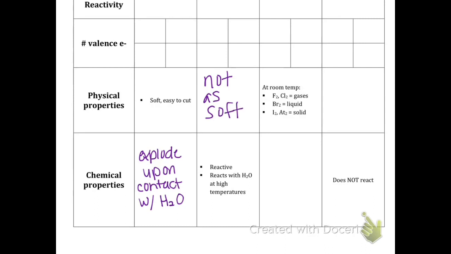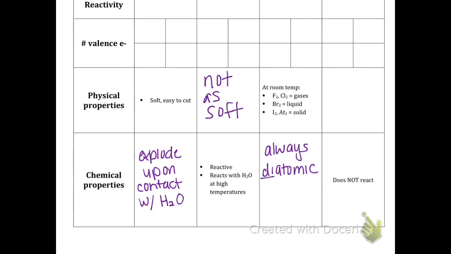Halogens are mostly gases, liquids, and solids. At room temperature, they can be gases, liquids, and solids. But what we notice is that halogens are always diatomic, meaning they come in pairs.